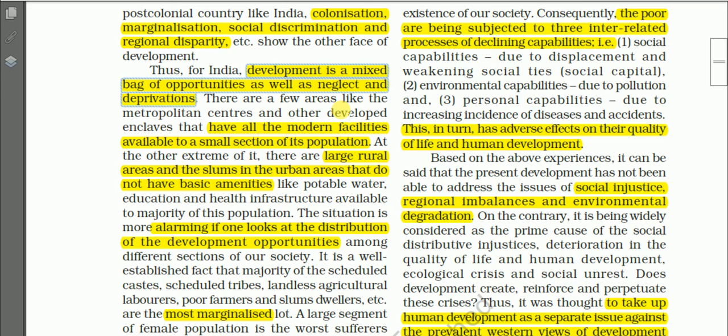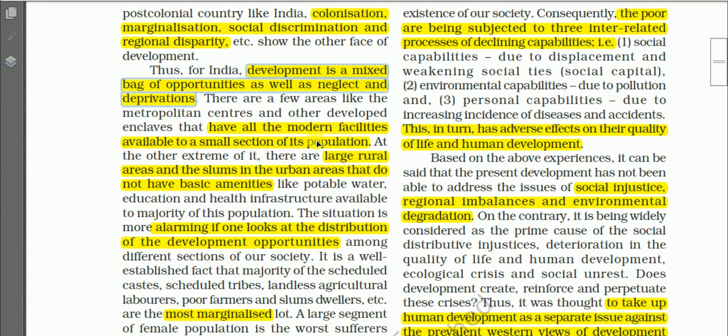We are entitled to get something, to obtain something, but we are not getting it. That is called deprivation. That means in case of India, development actually is a mixed bag of opportunities. Some are getting it, some are not getting it. Rich people are getting the opportunities, and poor people are not getting them. This is what I call a mixed bag of opportunities.